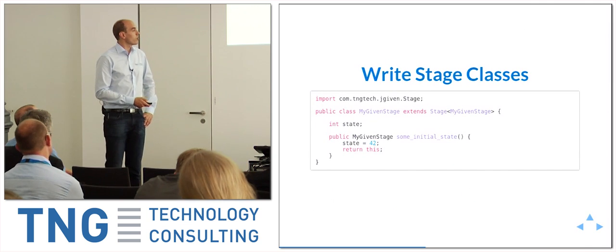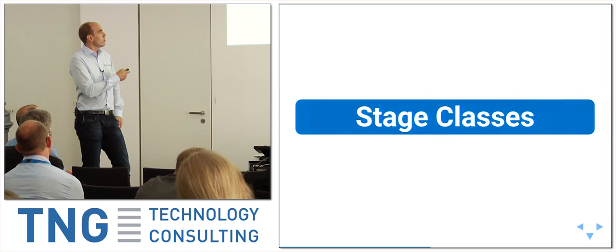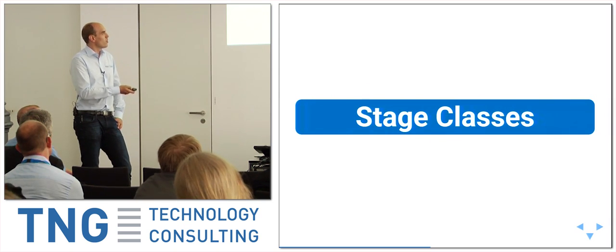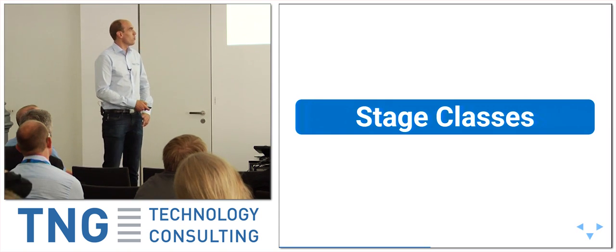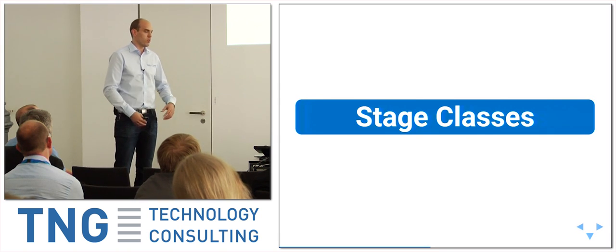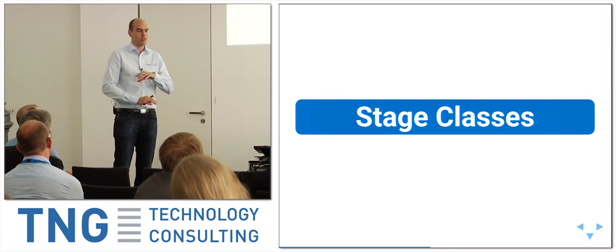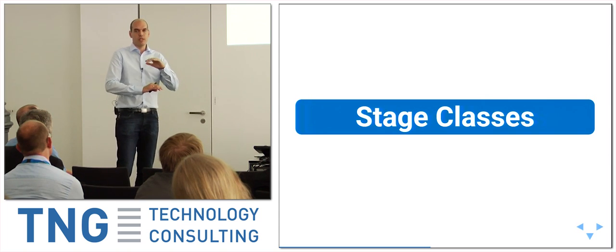So what are stage classes? That's actually what I said already. So in summary, stage classes are very useful. But how do they work? The point is that a test typically consists of three of these phases, actually nearly every test. You have some code which prepares the state.